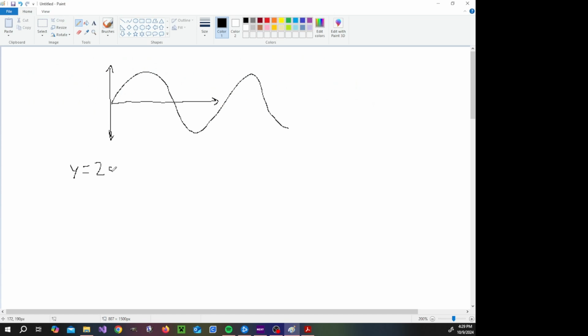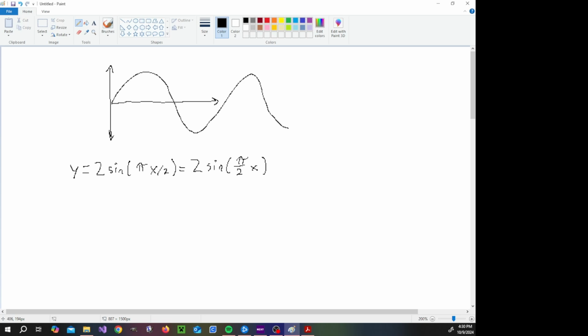Really, we don't care what the divide by 2 part is, so I'm just going to simplify this the tiniest bit by writing pi over 2 times x. Okay, so that is the path that the particle is taking.